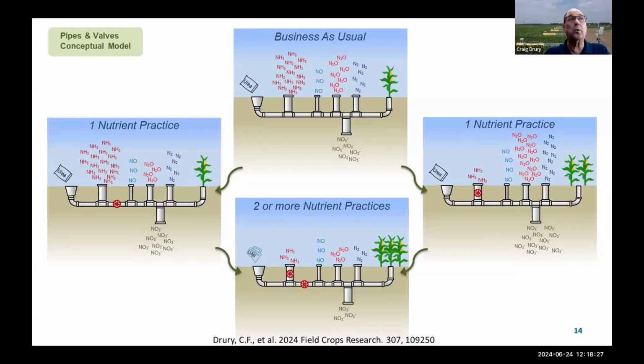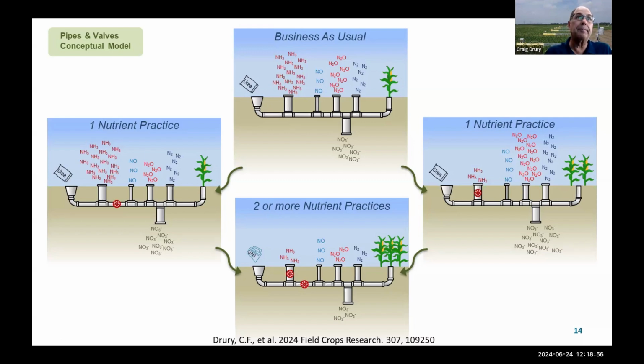We might be injecting UAN instead of urea, adding a urease inhibitor, or, as I mentioned, adding a nitrification inhibitor. In this particular scenario, you can see that multiple losses of N have been reduced compared to our starting point, or either of our one-nutrient practices. And the end result is we have greater N going into our crop.